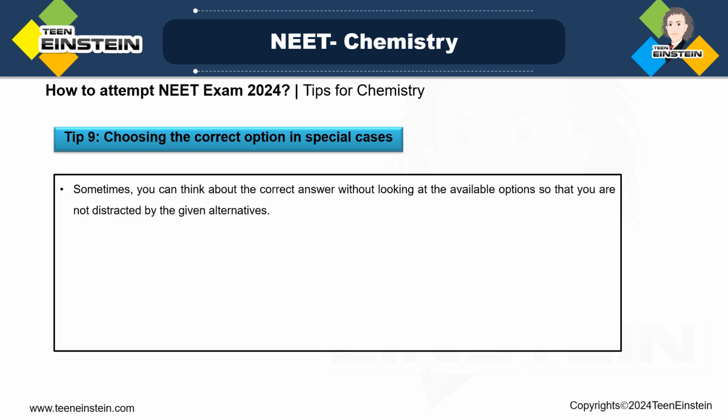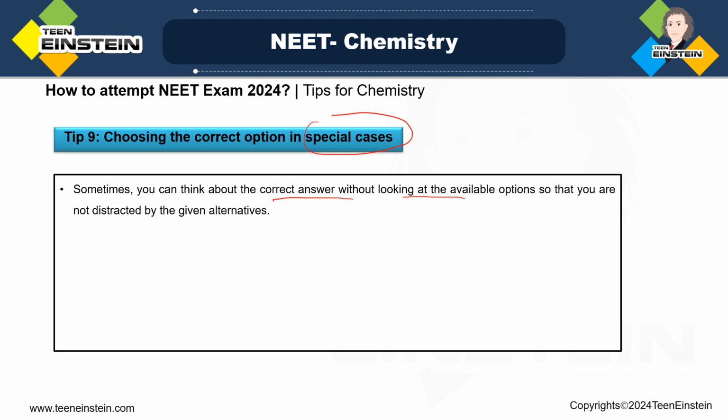Now the last tip is applicable only in some special cases: choosing the correct option in some special cases. These are some strategies that you can apply when you are choosing answers. Sometimes you can think about the correct answer without looking at the available options, because there is a chance the options are misleading. Just read the question carefully without looking at the options.